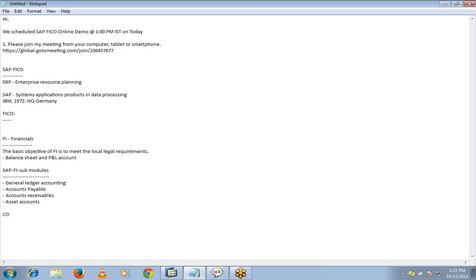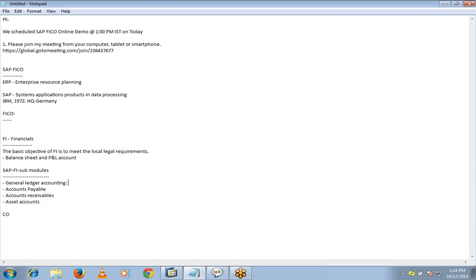With those GL accounts, you are going to update the books of accounts. If you don't create GL accounts, you cannot update any value in the report. So, general ledger accounts are mandatory in order to take the financial information into the books of accounts.